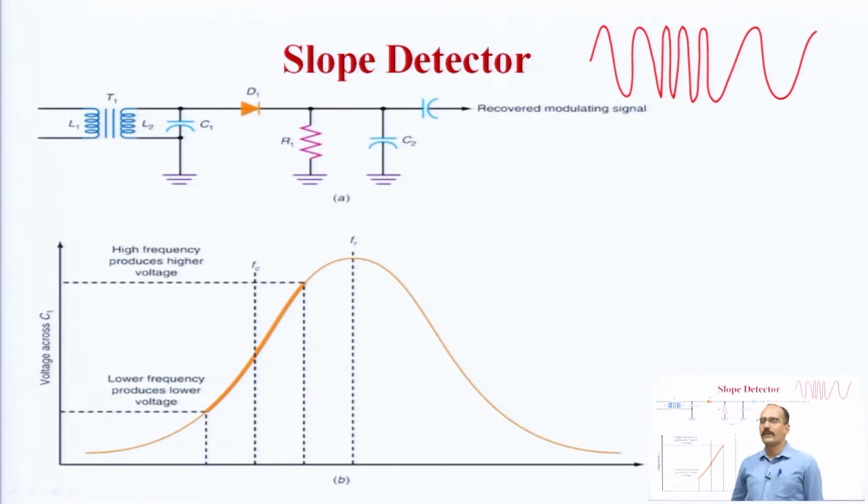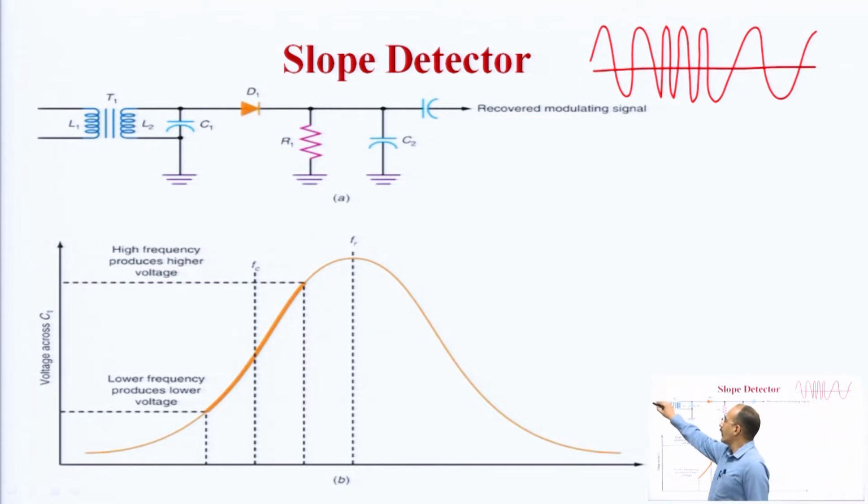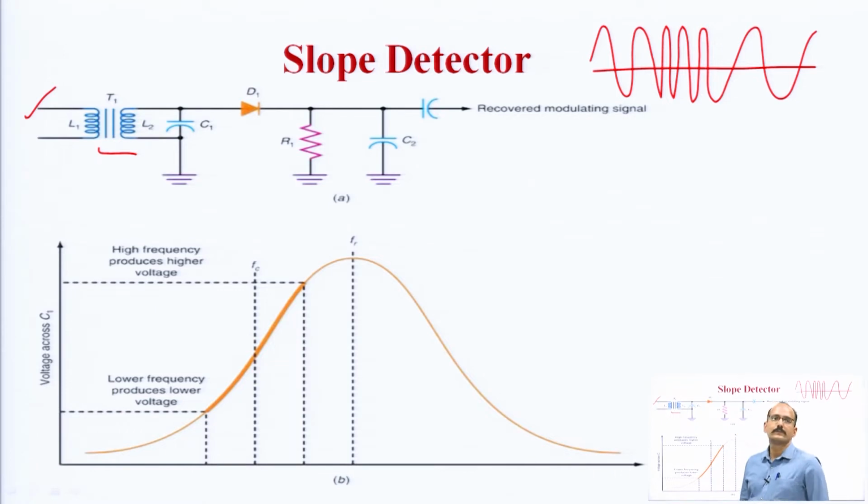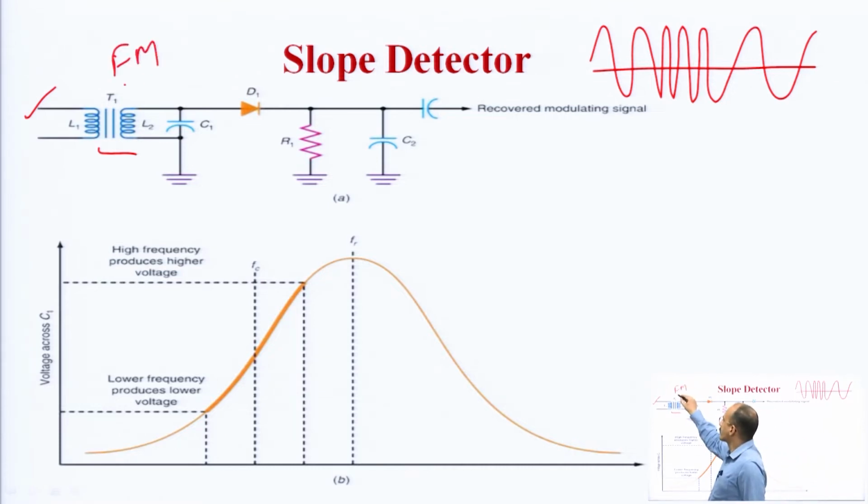When this signal is applied to the slope detector, the slope detector first of all has a tuned circuit. That tuned circuit or tuning transformer is used to select only the FM signal of the desired frequency.